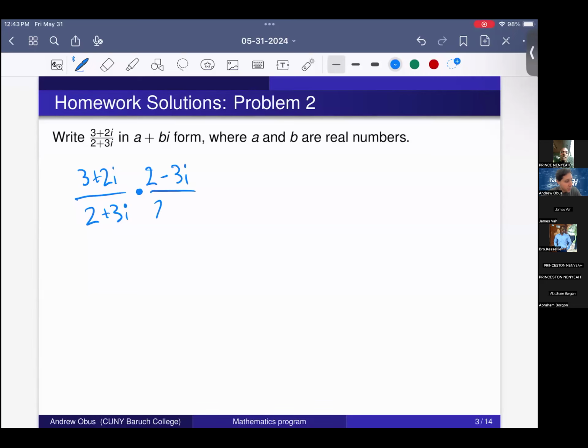It needs to be 2 minus 3i. And we don't cross multiply, right? We just do standard multiplying.